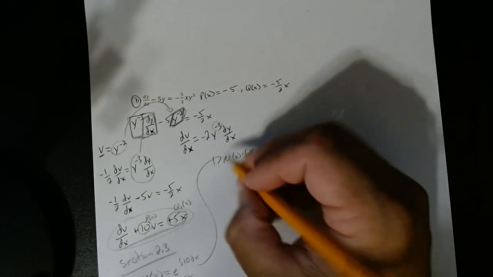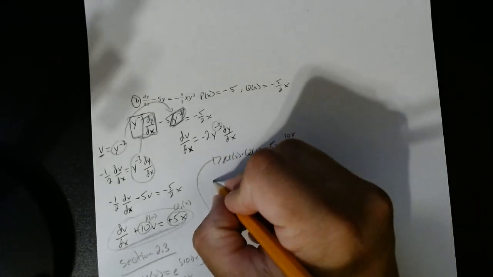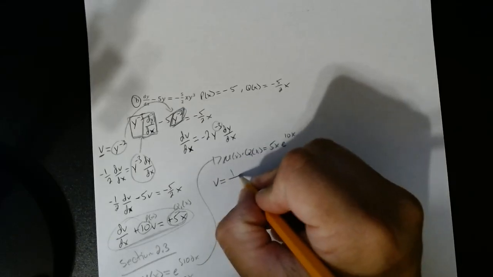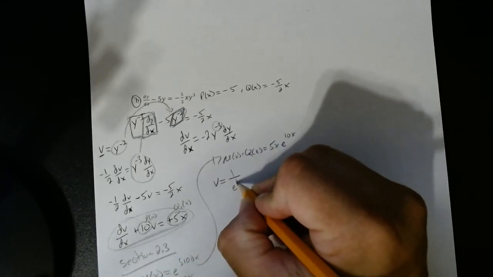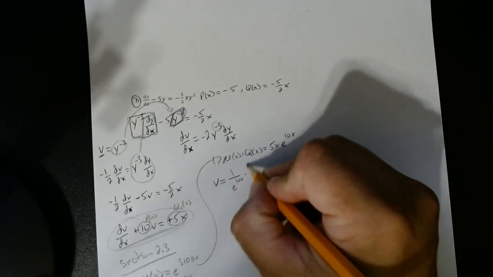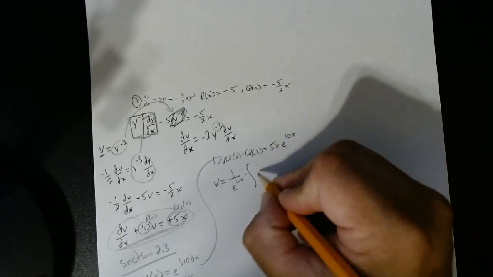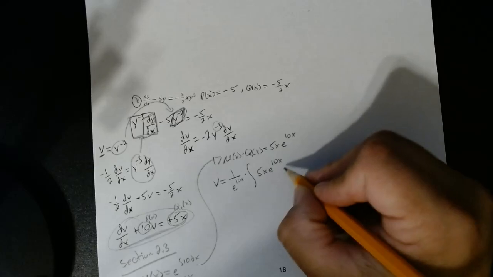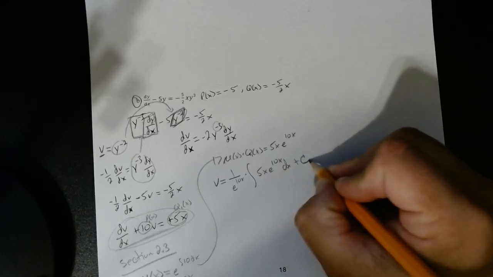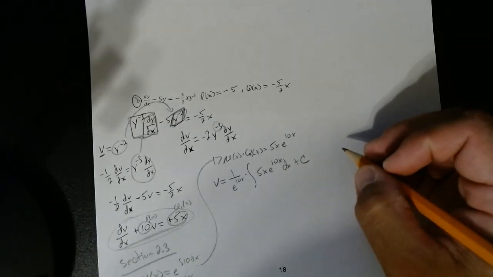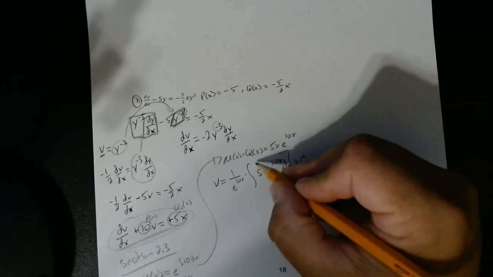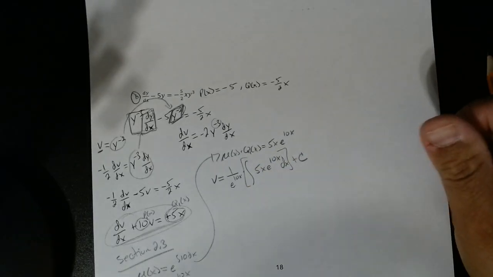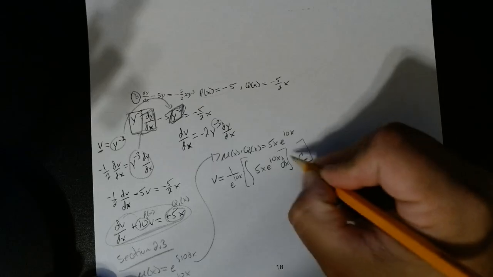And now according to that process, this v is going to equal 1 over our u of x, which is e to 10x, times the integral of this plus c. Or actually, like that.